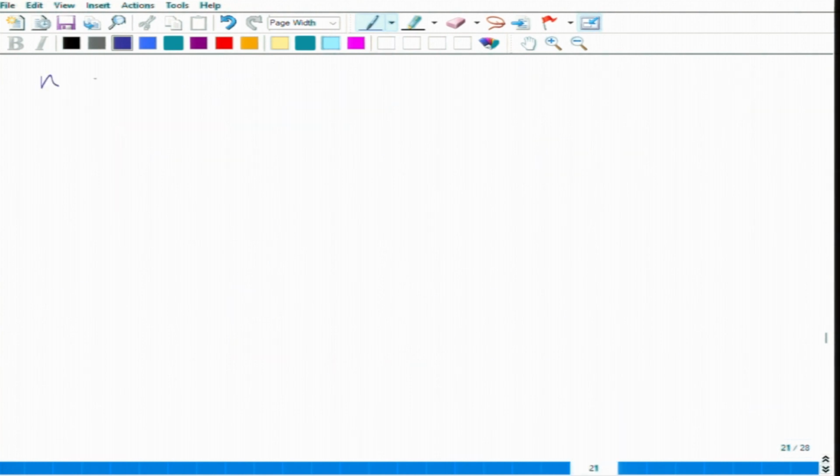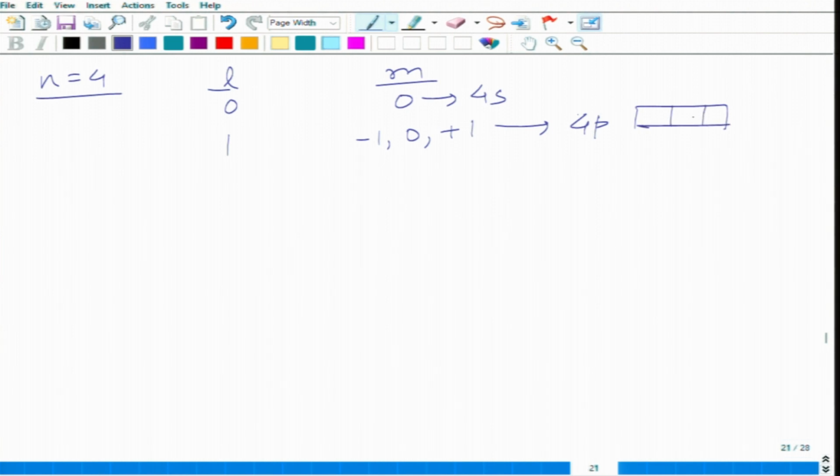Now, if n is equal to 4, then for l equal to 0, we will have m equal to 0. This is 4s. For l equal to 1, we will have m equal to -1, 0, +1, that will be 4p with 3 orbitals.